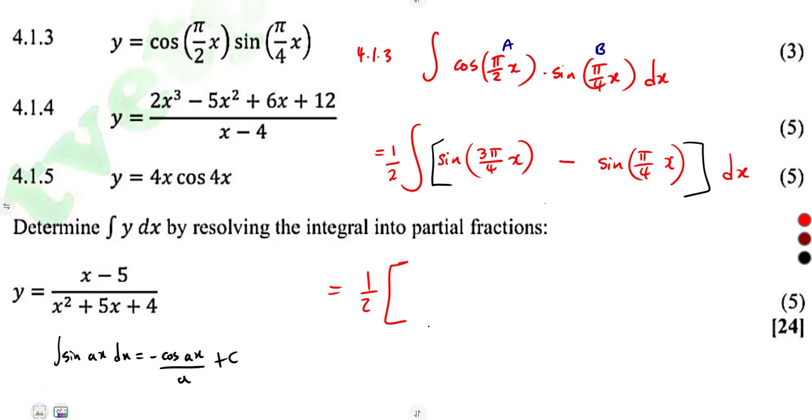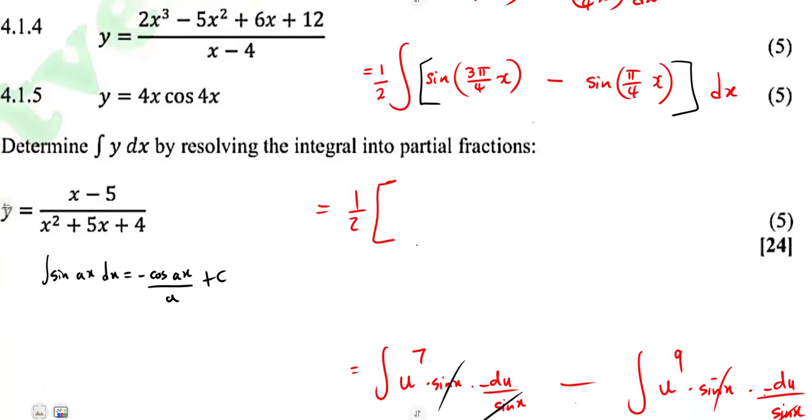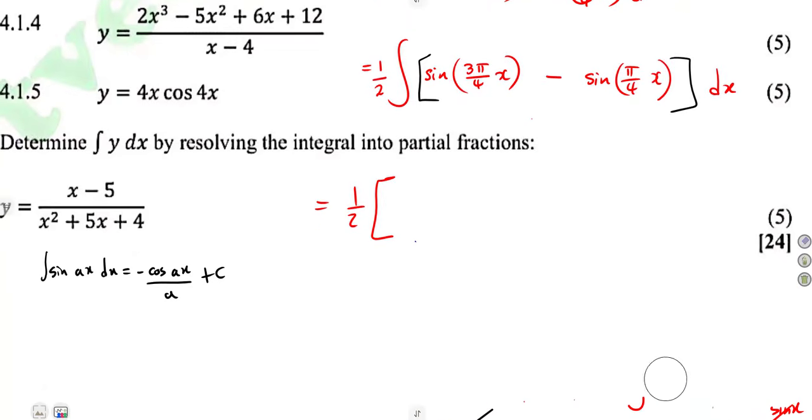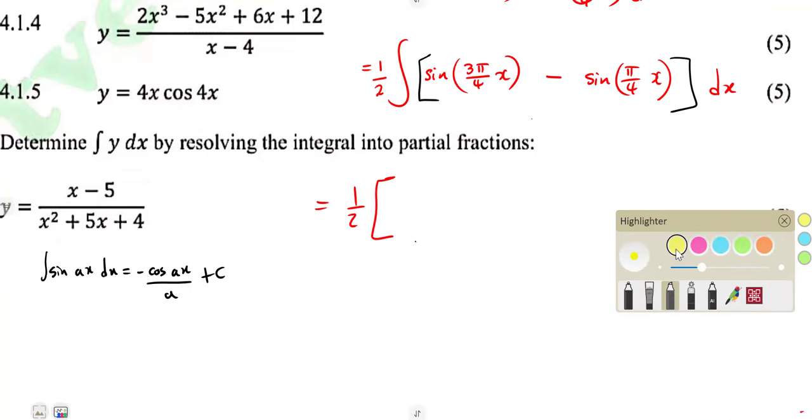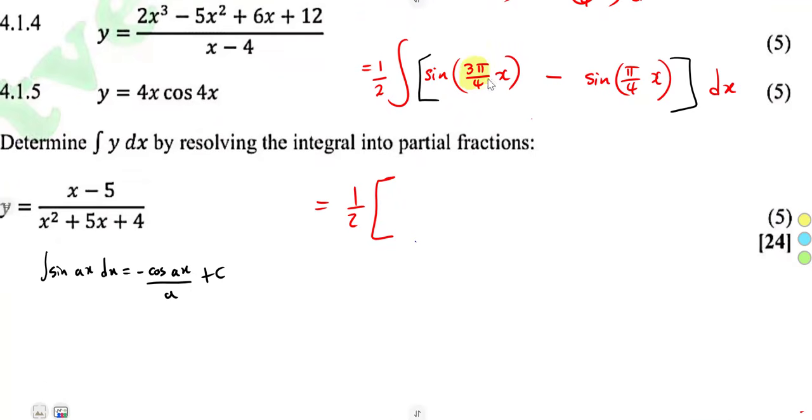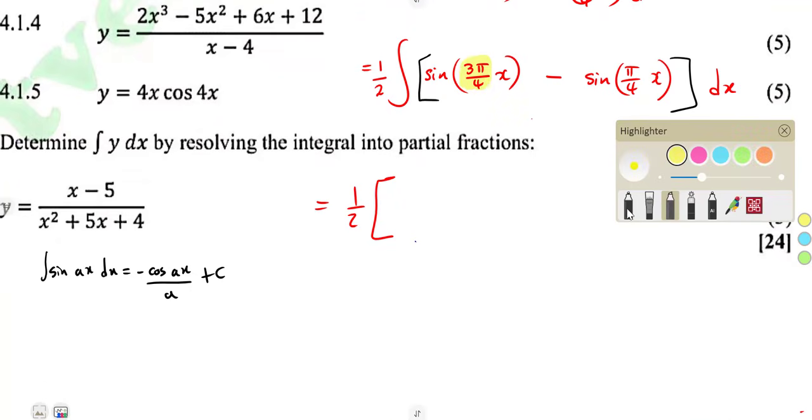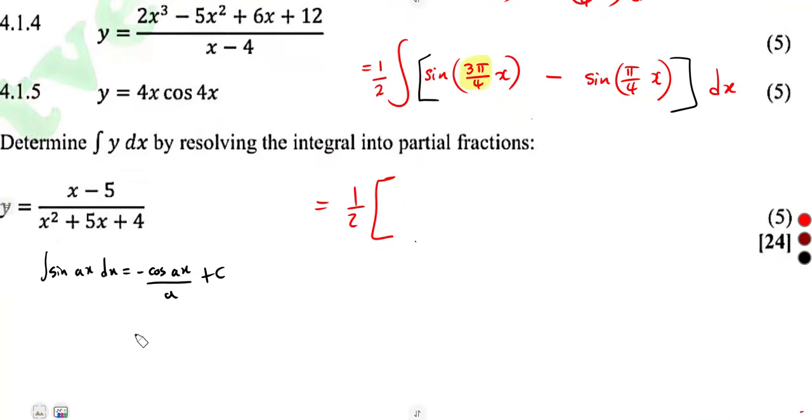If you consider this, our constant is 3 pi over 4. So it was simply going to give us negative cos 3 pi over 4 x over the constant 3 pi over 4.